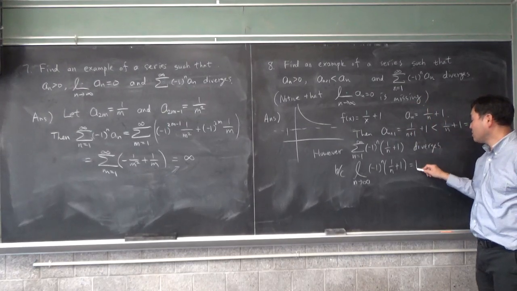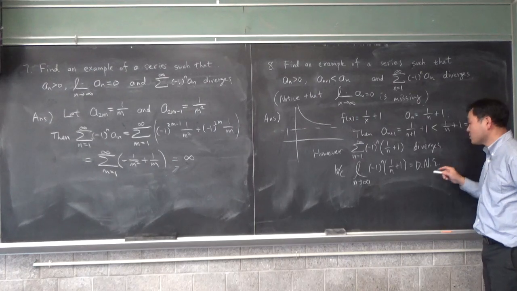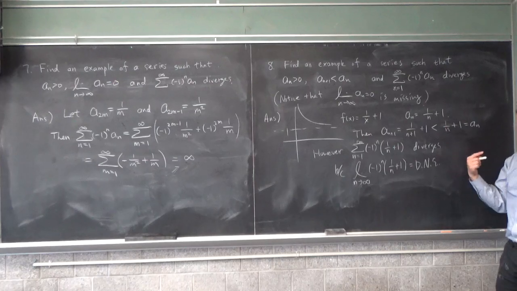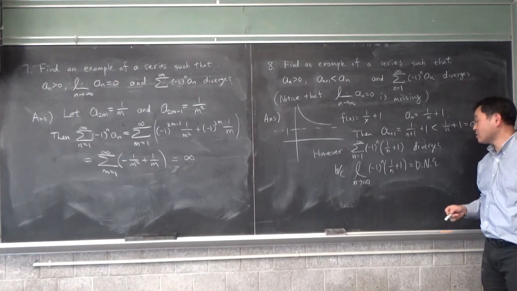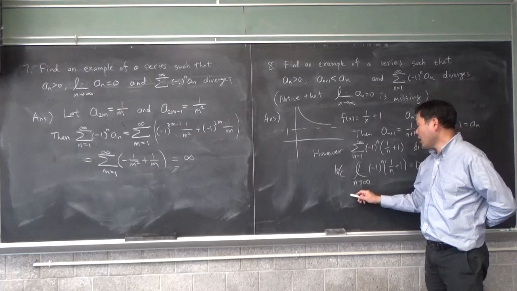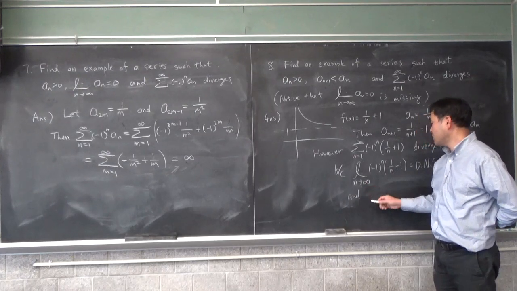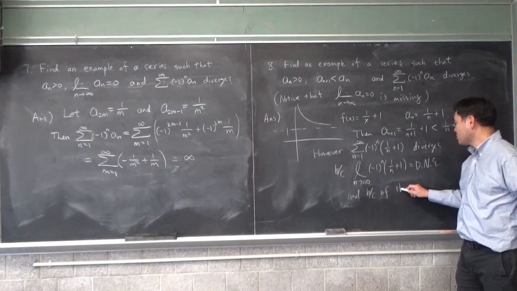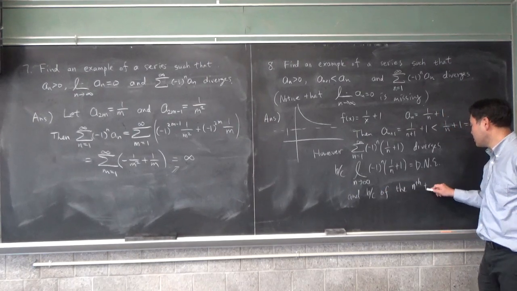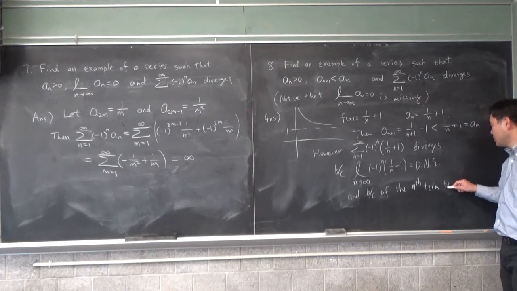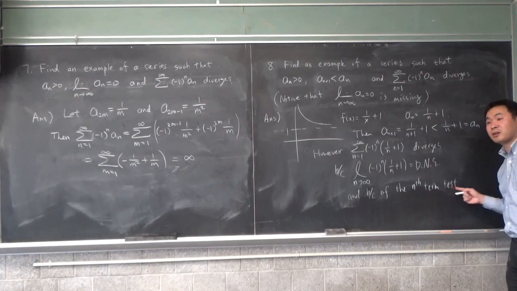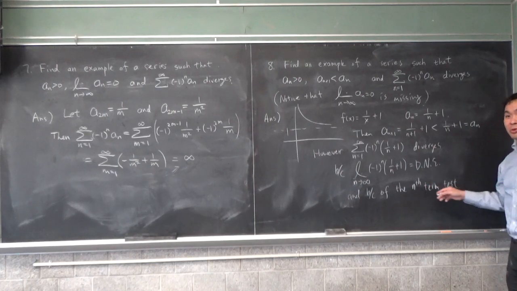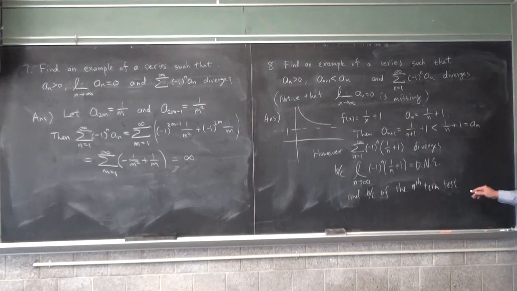So this limit does not exist since the even term limits and odd term limits are different. The limit does not exist. Because of the nth term test, or you can also say test for divergence. They're the same thing, right? Some people call it the nth term test, some people call it the test for divergence.